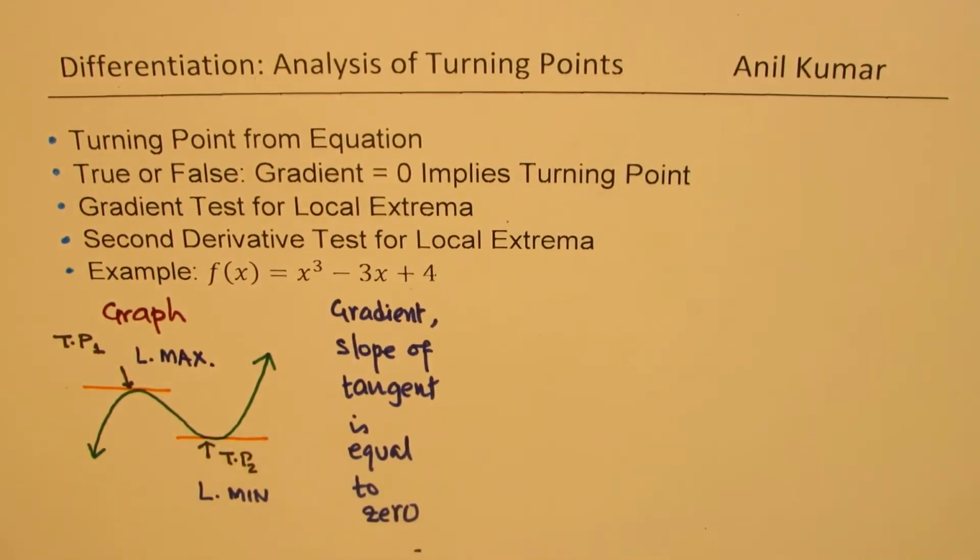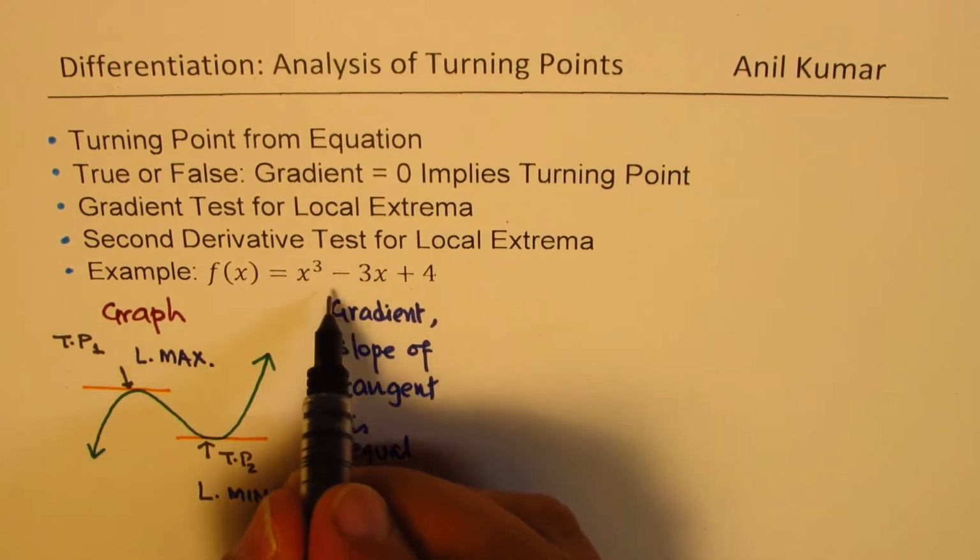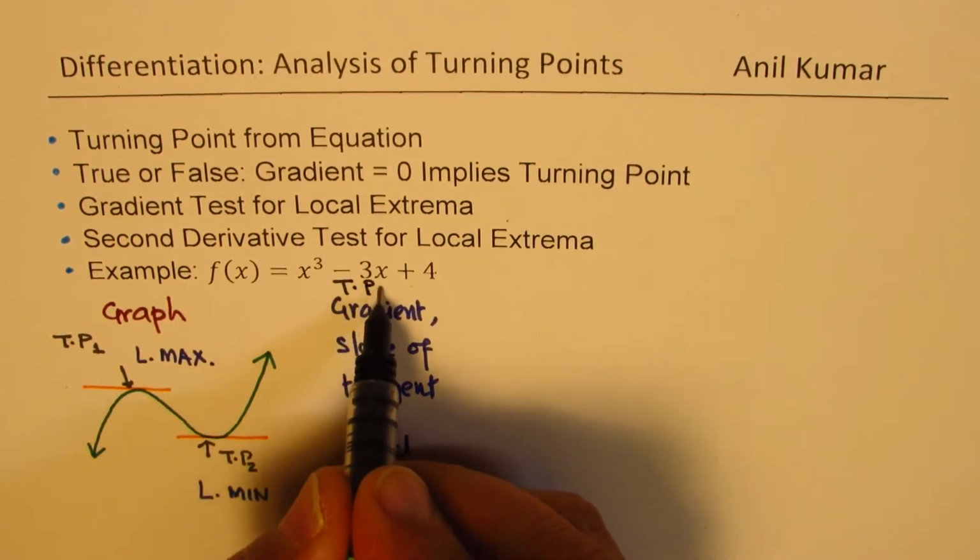So that is what we conclude right there. So if the gradient, the slope of the tangent, is 0, then we have a turning point. Is that clear to you?